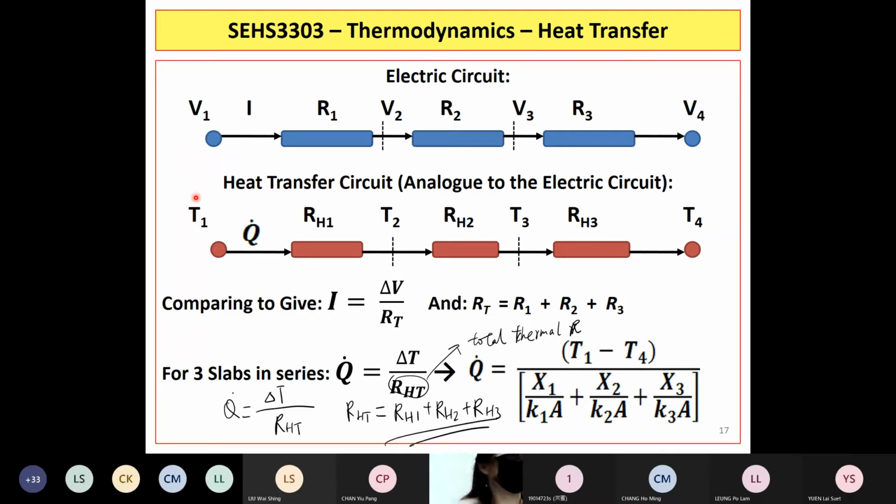It's not easy for us to measure. We have maybe a book like this. We can measure this side, and we can measure this side, but we cannot measure the temperature inside.